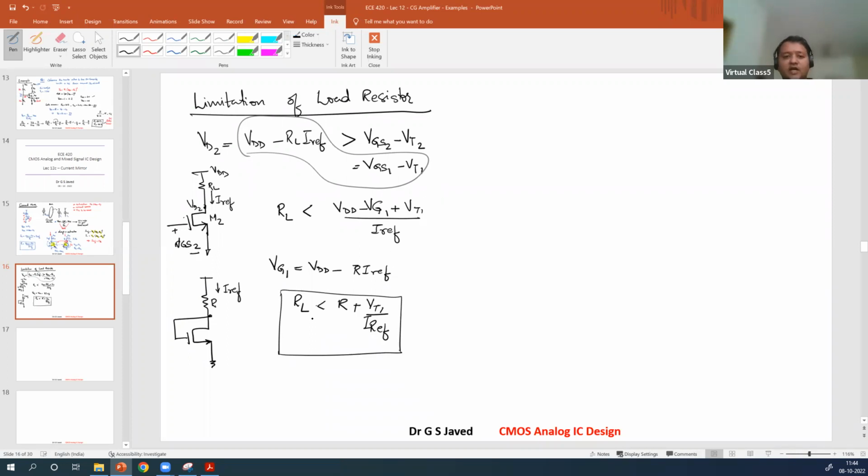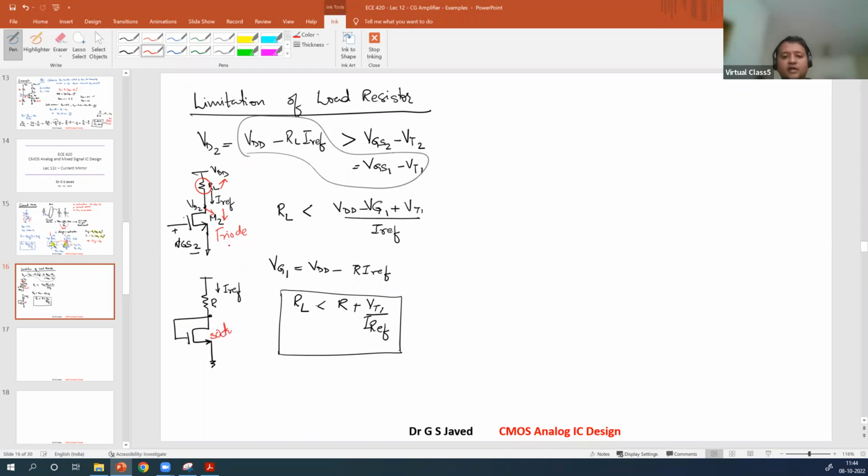Now what happens if RL becomes larger? If RL increases, VDS2 will decrease. Now if VDS2 decreases, VDS will be less than VGS minus VT, so this will enter the triode region. This will be saturated anyway.